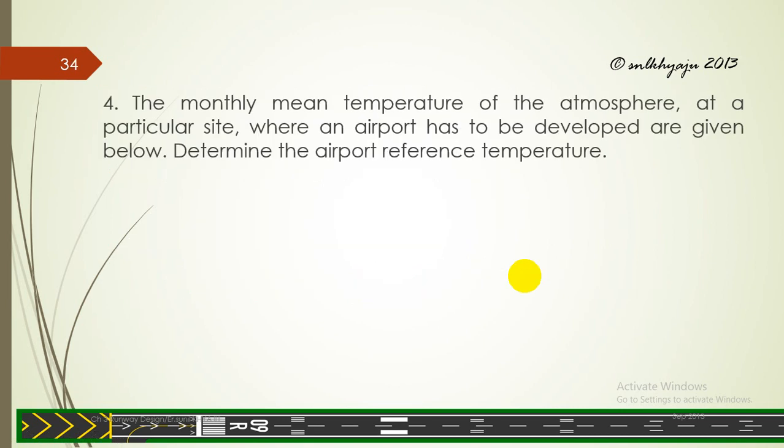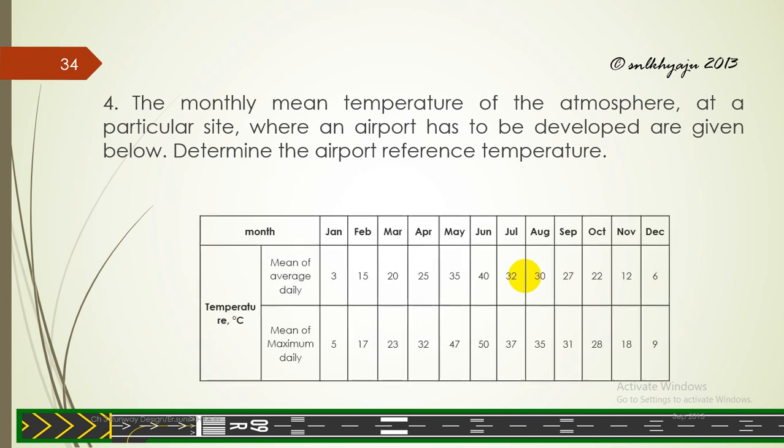Example 4. The monthly mean temperatures of the atmosphere at a particular site where an airport has to be developed are given below. Determine the airport reference temperature. This table shows the mean of average daily and mean of maximum daily temperature of each month.